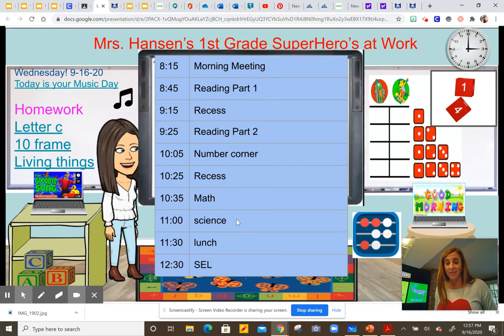For science, we talked about living and non-living organisms. A living organism breathes, grows, and changes. We know it's a living organism if it breathes, grows, and changes. A butterfly changes.